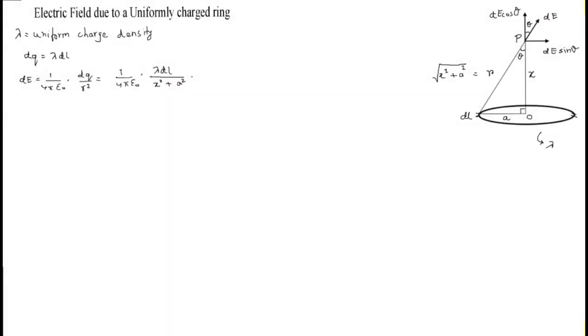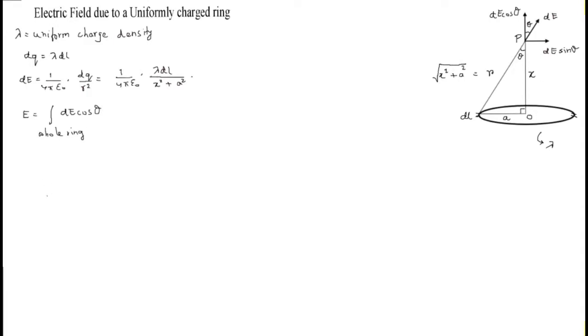Thus the resultant electric field at this point can be determined using this formula, integration dE cos theta, right? And this integration is over the whole ring.